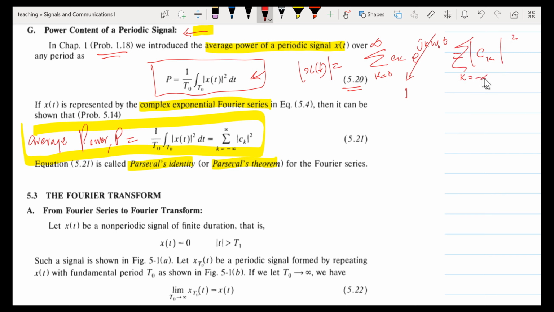So we can express the average power of a periodic signal as equivalent to the sum of the complex exponential coefficient ck squared. I guess that makes the point, and what you needed to get used to is this identity that was derived by Parseval, and this definition is called Parseval's theorem for Fourier series.